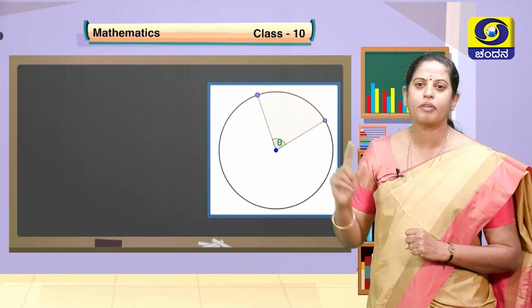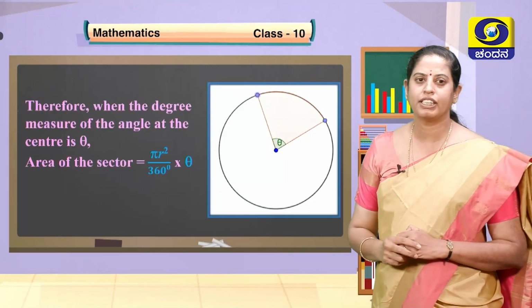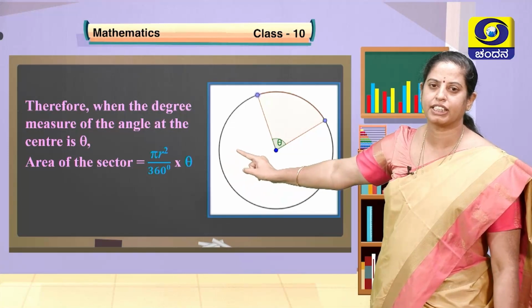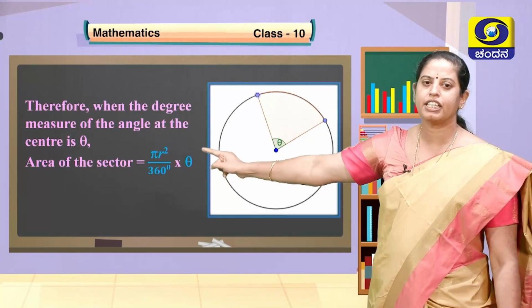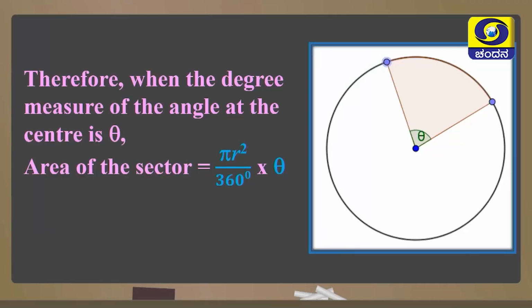Then we got the formula to find the area of the sector. How are we going to find it? The area of the circle is divided by 360 degrees, which gives the area of the sector with 1 degree, and it is multiplied by the angle that the sector makes.